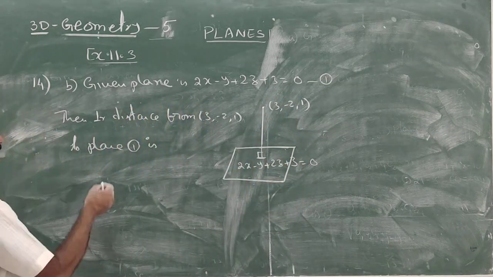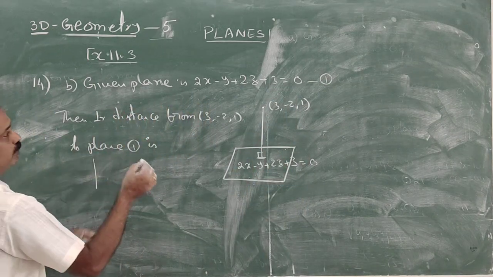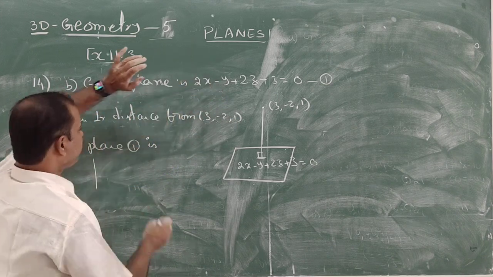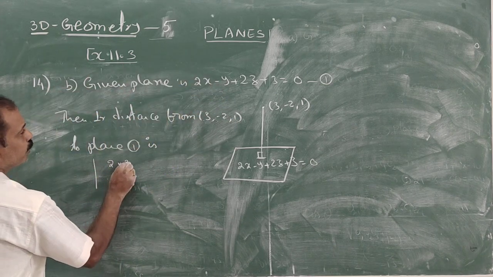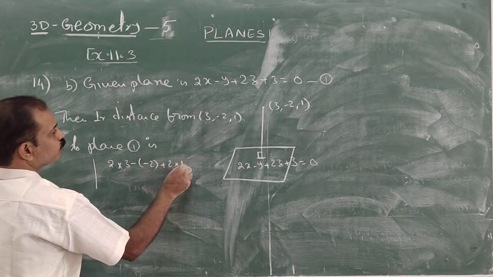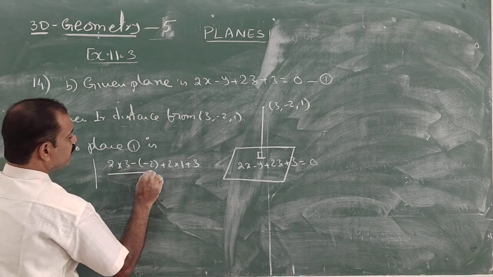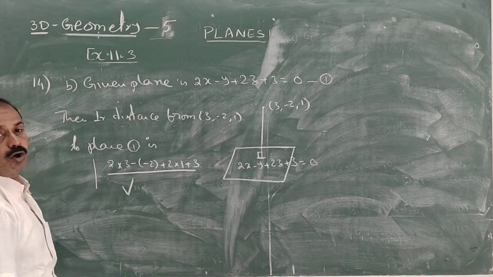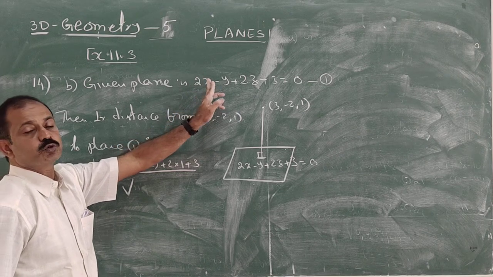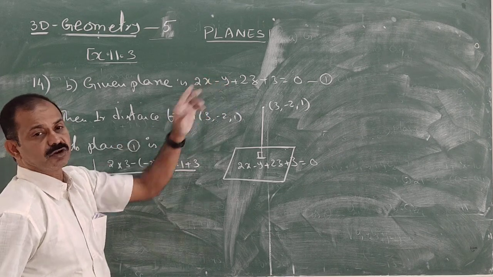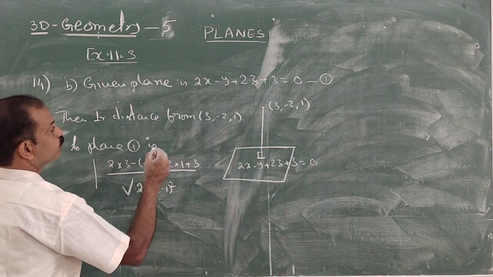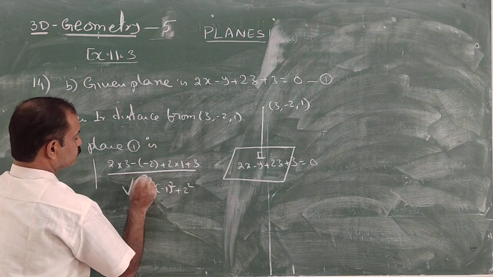Plane 1 is, just substitute 3, minus 2, 1 in the given plane. That is 2 into 3 minus of minus 2 plus 2 into 1 plus 3 by under root of sum of the squares of DRs of normal, that is 2 square plus minus 1 square plus 2 square.